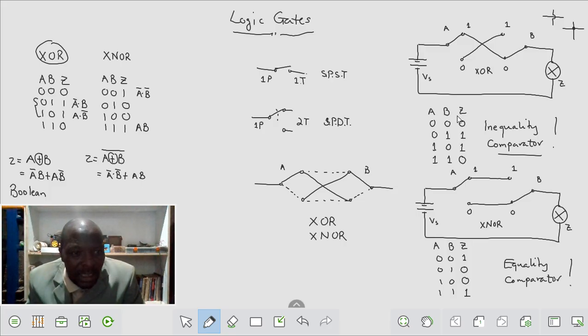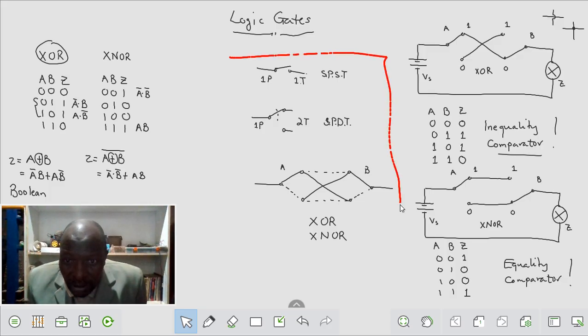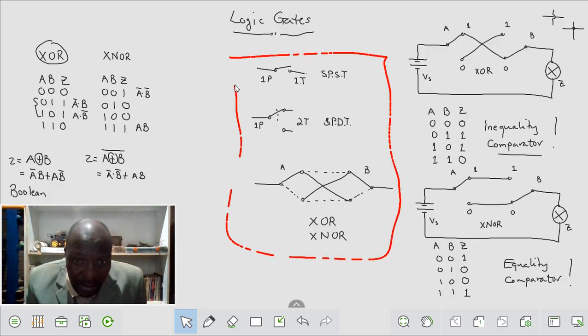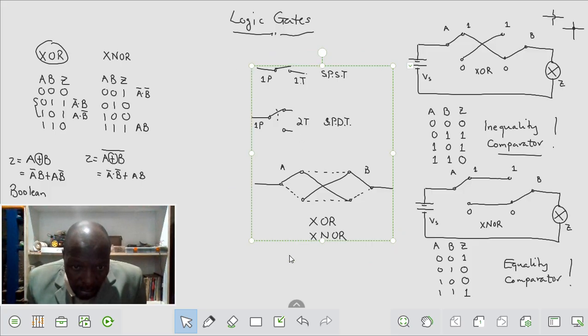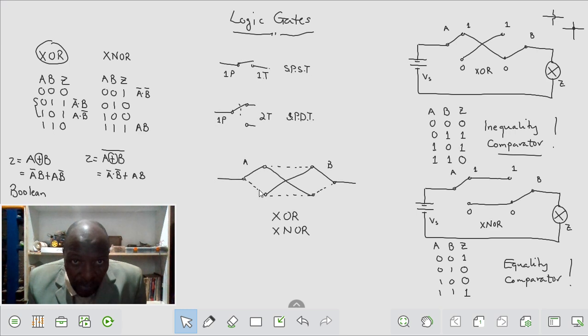I hope that was clear. We dealt with the symbols. Did we do the symbol? No, I've not done the symbol. Let me first move this, I don't want people to forget my types of switches there. I'll move this a little bit to the left.